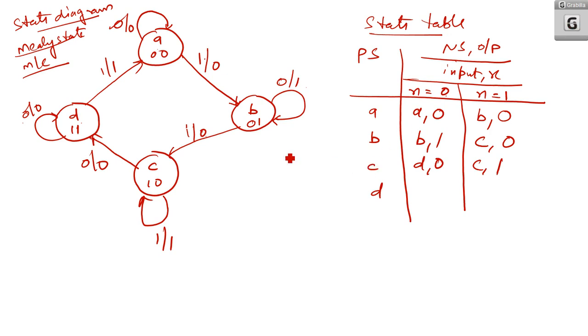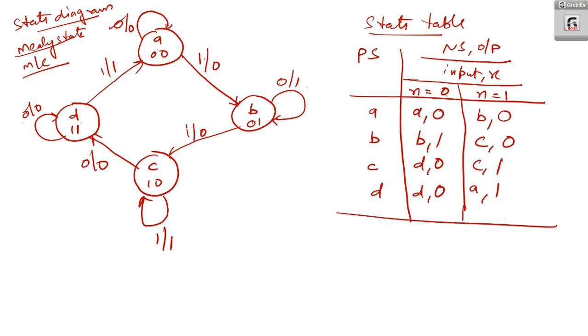Now coming into D. When input is 0, my output is 0, and it is coming back to D. So it is D, 0. Again, when H is equal to 1, my output is 1, but it is going to the state A. So A comma 1. So this is the state table.